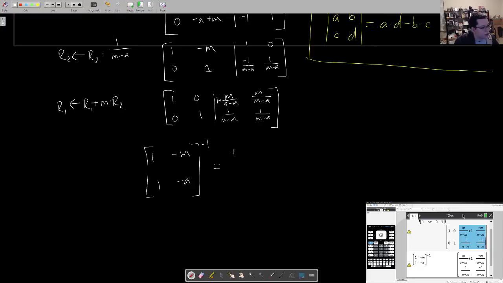Inverse equals, what's the determinant? I am losing my mind. Equals negative a minus negative m equals a plus m. Nope. Negative a plus m.